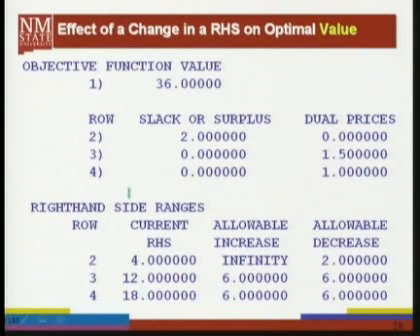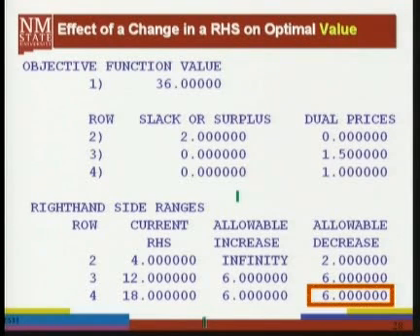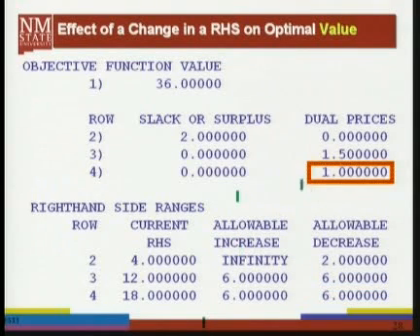Okay, then what if B3 is decreased by 6 units, which is still within the allowable range? In that case, the objective function value will be decreased by 6 times 1, right?